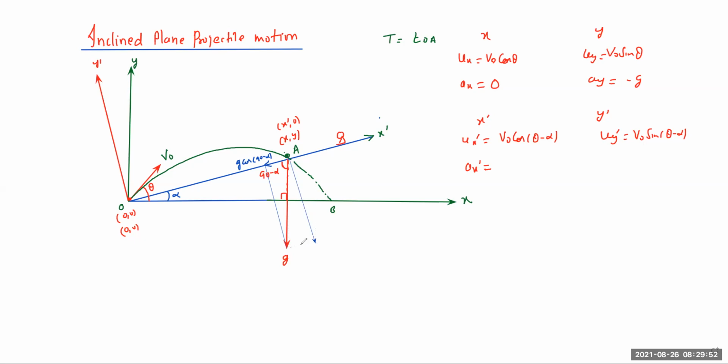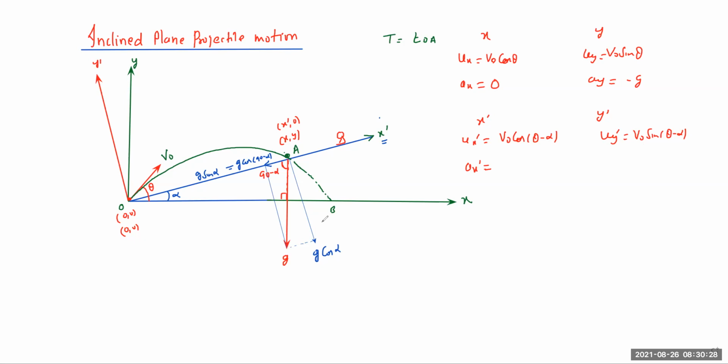So now here is the game changer. The acceleration cannot be zero for these two directions. The acceleration has components in both directions. The one which is perpendicular is g cos alpha, and the one which is parallel to the x dash axis is g sin alpha. Both are pointing opposite to the positive axis. So one is against x dash, the other is against y dash.